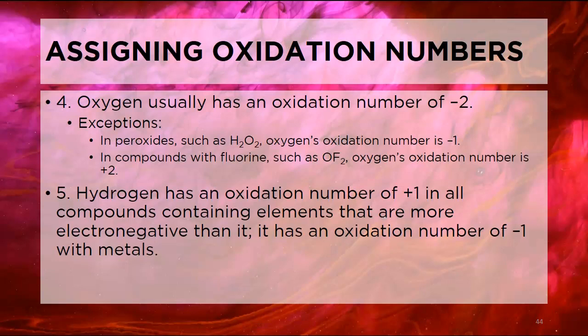There are some exceptions like hydrogen peroxide, and obviously with OF2, fluorine is the more electronegative element, so oxygen will have a +2 to cancel that out and make it 0.